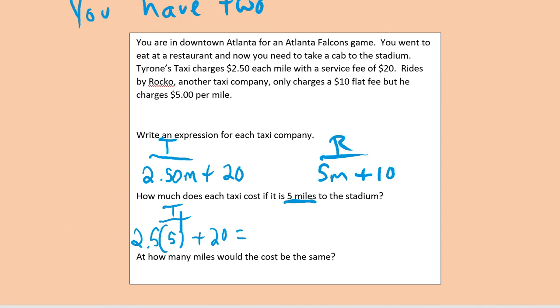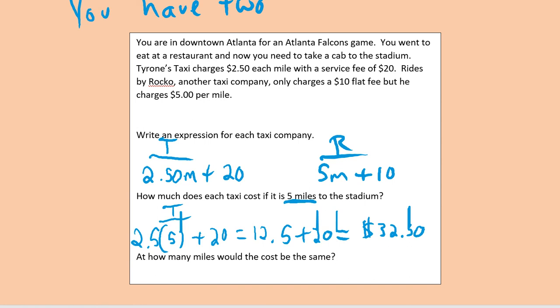So don't tell me that the answer is 125, all right? 2.5 times 5 is 12.5. And then you have to add the 20 to that. That gives you a grand total of $32.50. That's how much you pay Tyrone to take the cab from 5 miles away from the restaurant to the stadium.